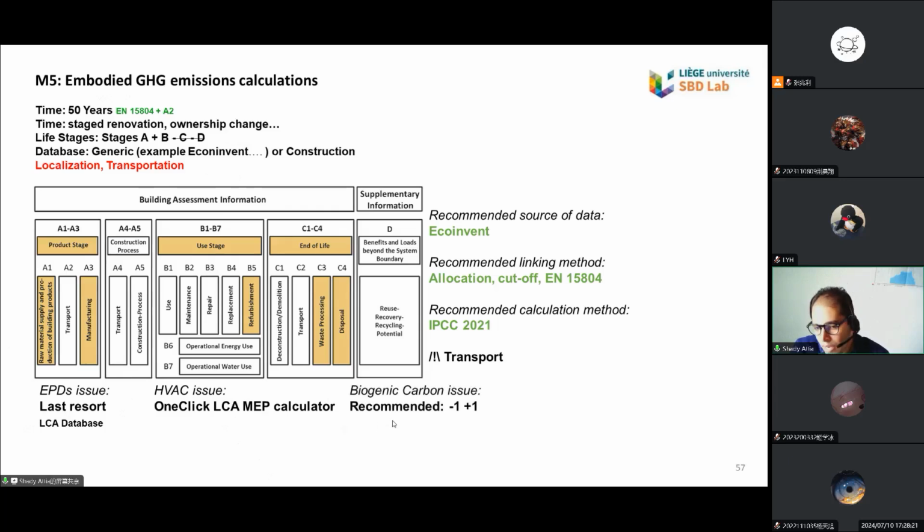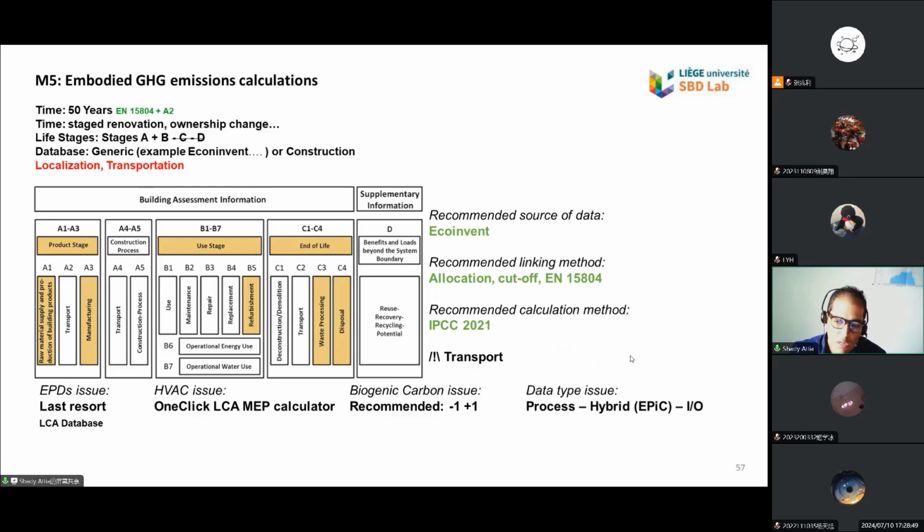And if we have any bio-based material, we can calculate the biogenic carbon model -1 + 1 calculation, assuming that the bio-based materials will be incinerated or landfilled after the end of life of the material. And for the database types, we can use process data or hybrid data or input-output data, depending on the installation.